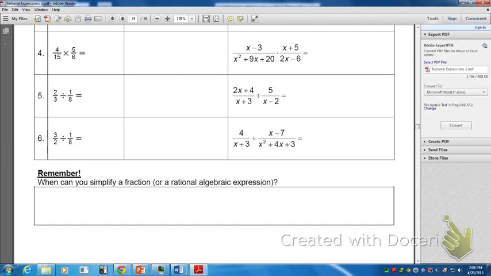So we do 2 over 3 and then 8 over 1? Yes. So we take the reciprocal and multiply. We always take the reciprocal of the second one, right? We leave the first one as is.